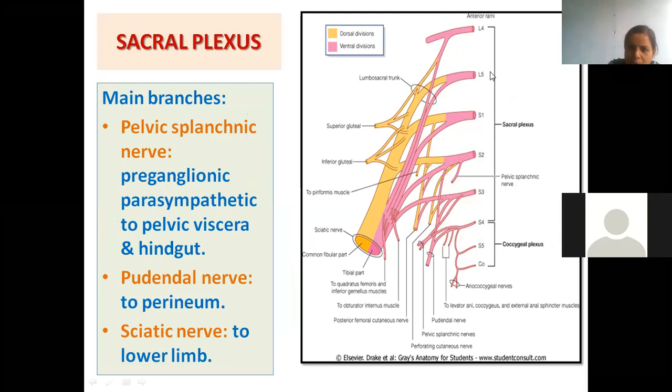If you see L5, S1, S2, S3, there is one yellow component, which are dorsal divisions. You are finding pink components, which are ventral divisions. They are joining to form the sciatic nerve. Don't read all of these things. So you will see the sacral plexus's main nerve is the sciatic nerve, which is going and supplying the lower limb.